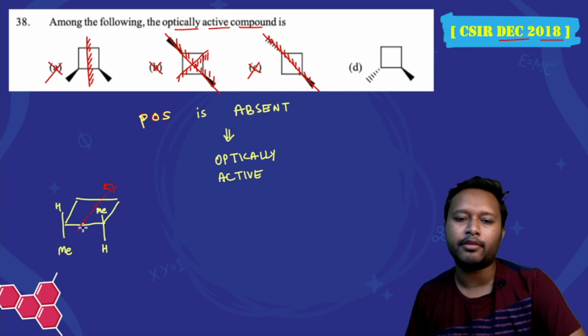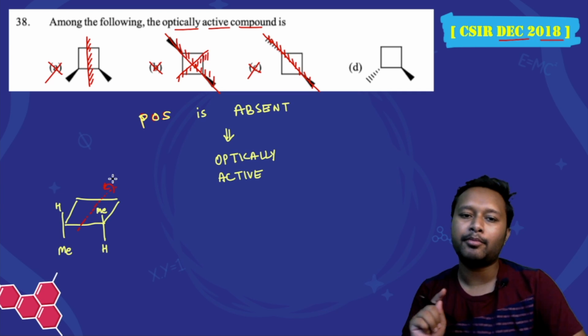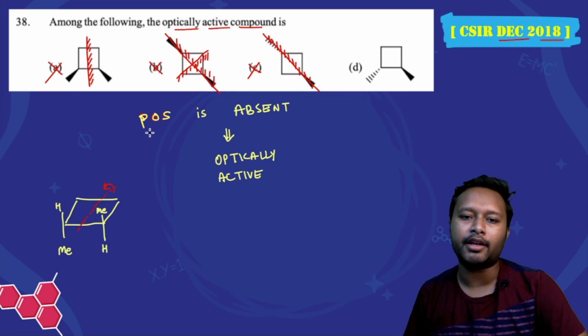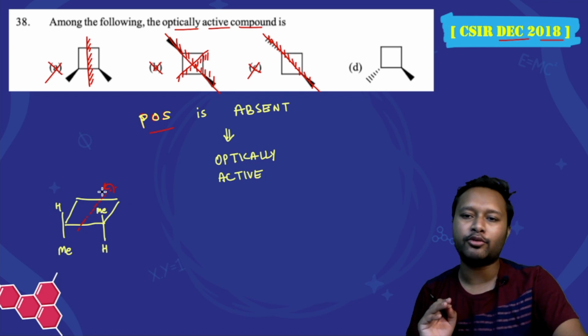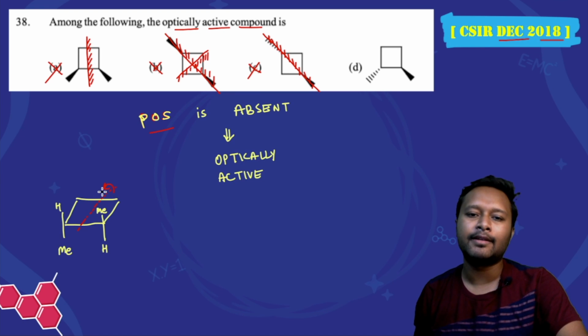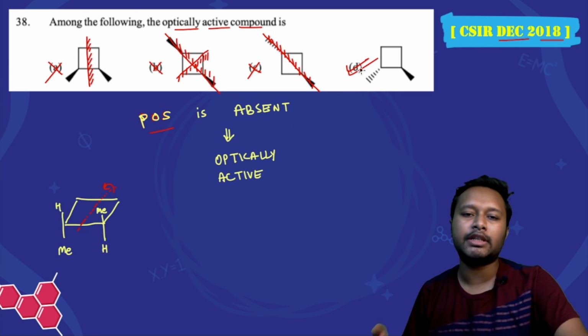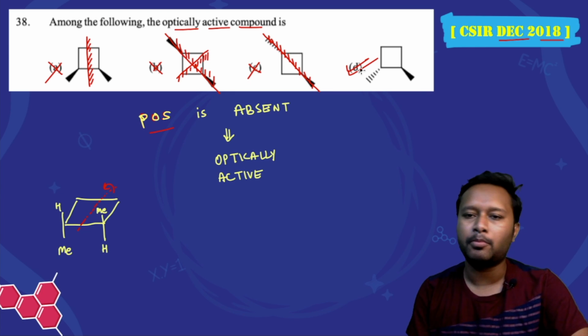This can be rotated, but there is no plane of symmetry. There is an axis but no plane. But what is required? Plane. You don't have to look for the axis. I have just told you the axis for understanding, so that you understand what the symmetry operations are. But yes, there is no plane of symmetry in the molecule, okay. So option number D is the optically active molecule.